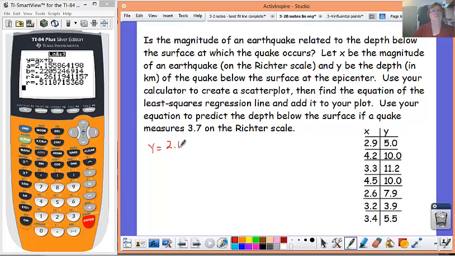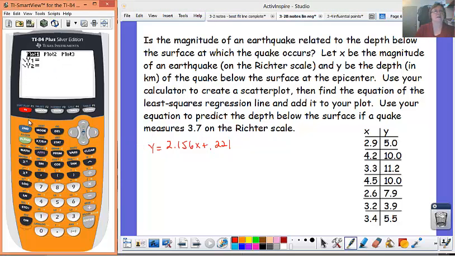So 2.156x plus 0.221 basically. To paste that into my y equals, it's vars 5 over and enter on reg EQ. Now it's got that in here without my having to type or round. You'll notice that I've got lots and lots of digits of precision. I believe it gives you 10 digits. So let's take a look at the graph with the line in it, and there you have it.